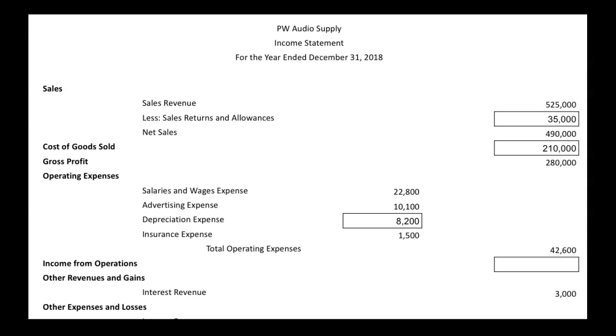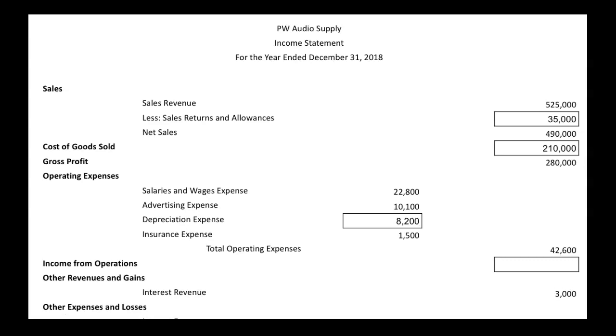So now we're taking a look at our income from operations. We find our income from operations by taking our gross profit and subtracting our total operating expenses.